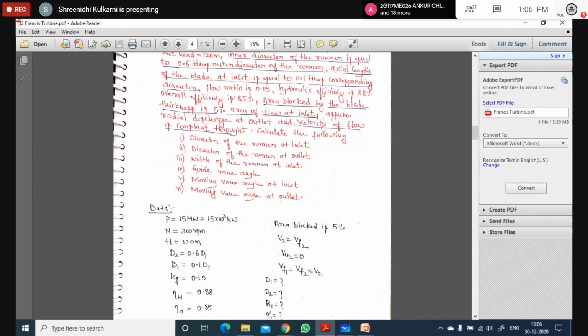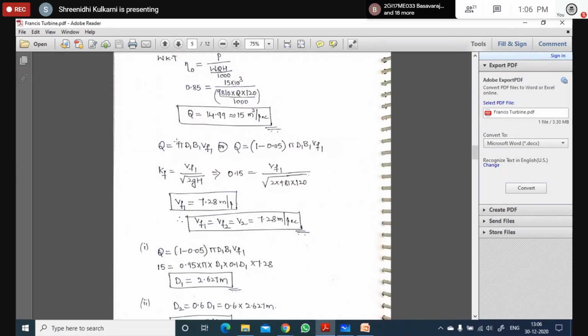So while calculating the discharge, we have to consider the area blocked. This is very important. If it is not given, there is no need to take this value. So we have to consider 100 minus 5% into pi d1 b1 vf1.